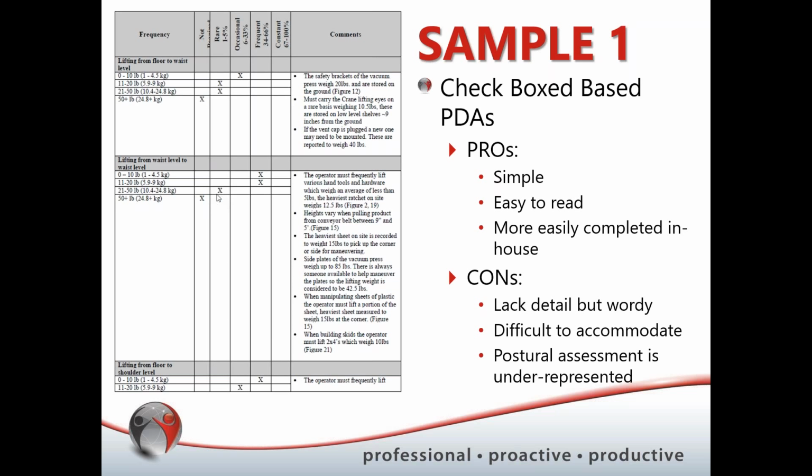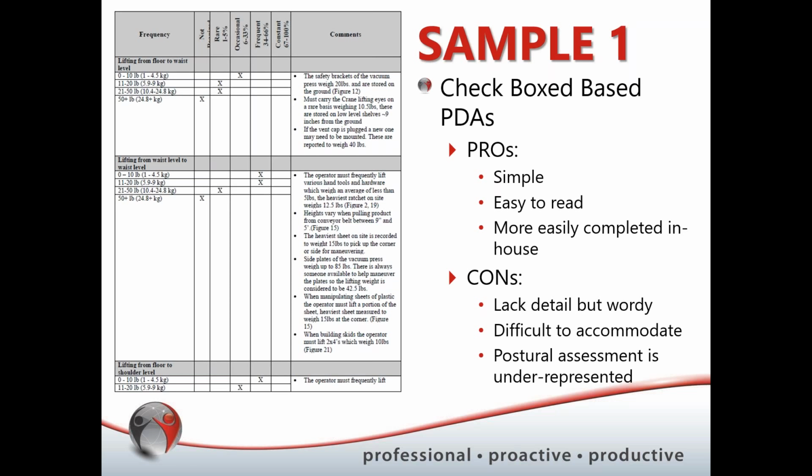So I know there are a few lifts here that are 21 to 50 pounds, which are greater than my employee's restriction of 20 pounds, but without all this comment section, you have no idea what those lifts are. So how do you accommodate that position when you don't know what it is that's above 21 pounds?